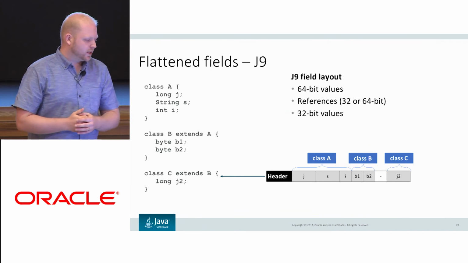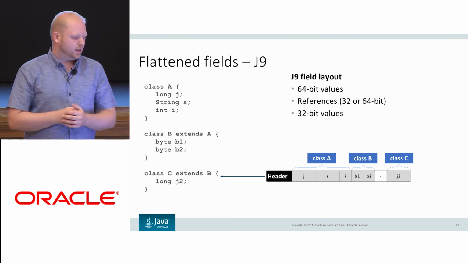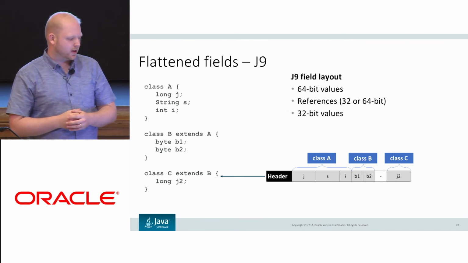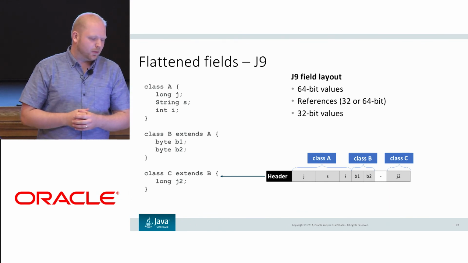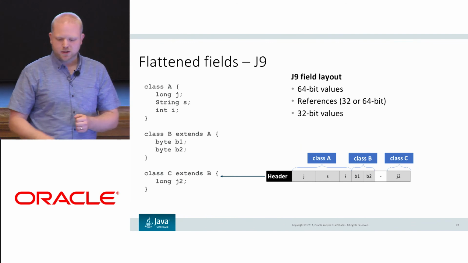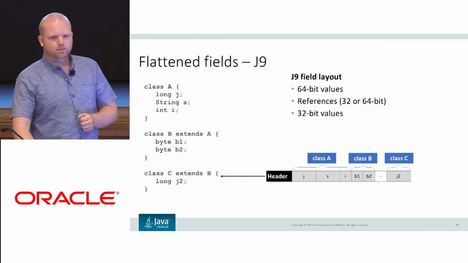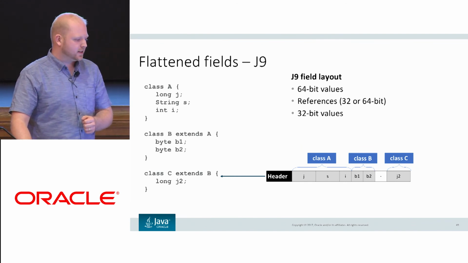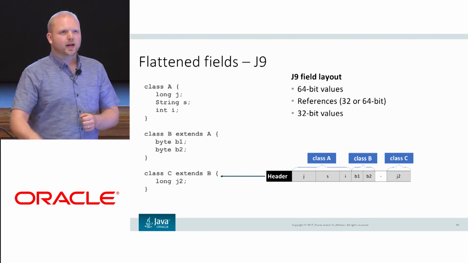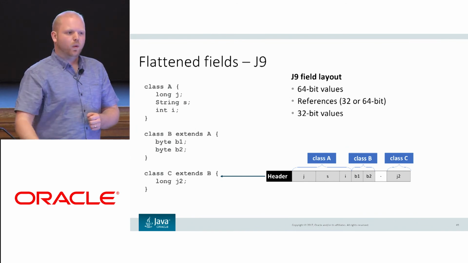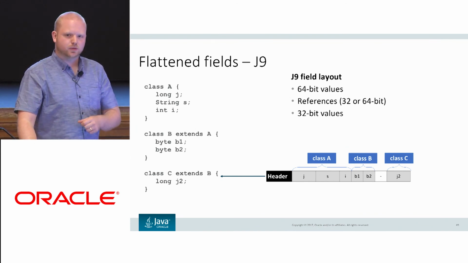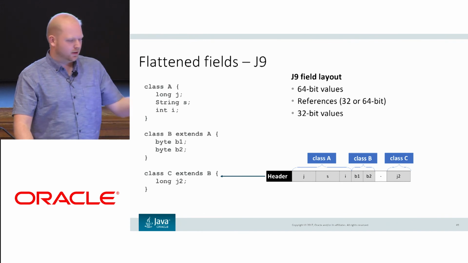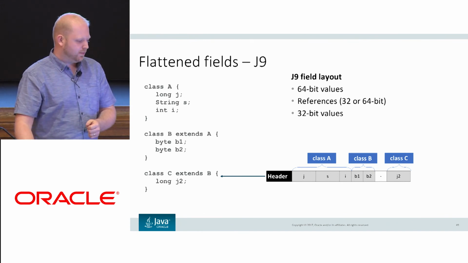Not really a problem, because when B comes after, it doesn't require alignment, so we get a couple of bytes there. Now we're still not aligned, and C actually requires it to be aligned, so we get a little piece of padding in there. The side effect of the way this is done is that you will only ever have one padding, because we keep filling it in if we can.